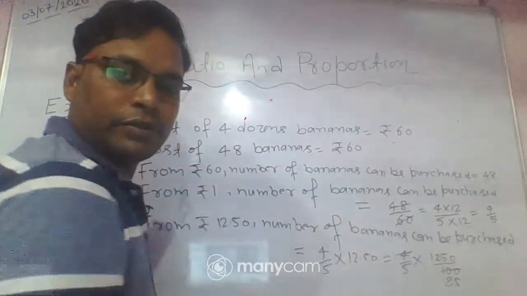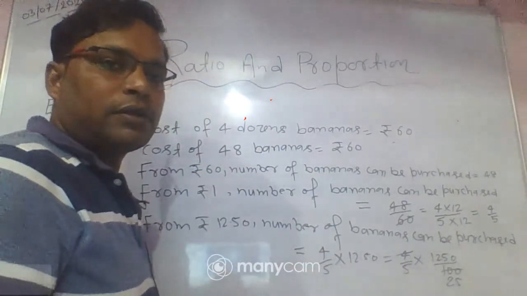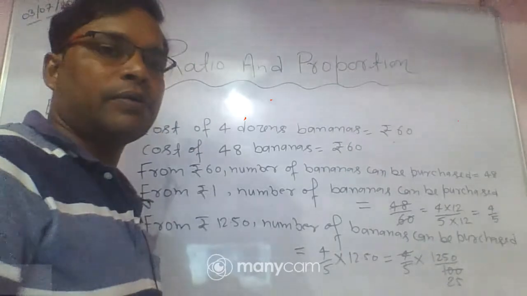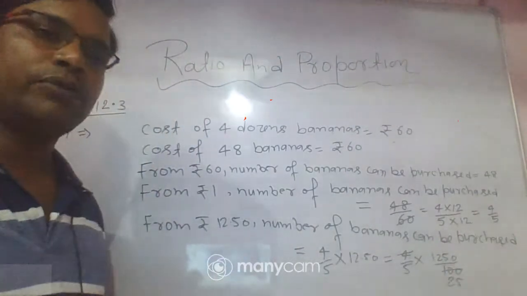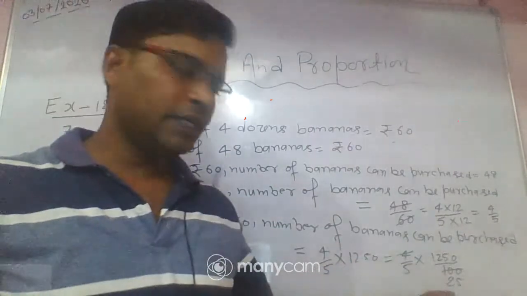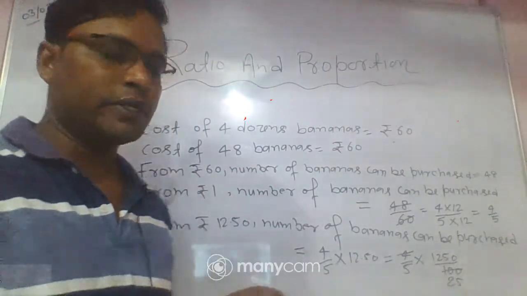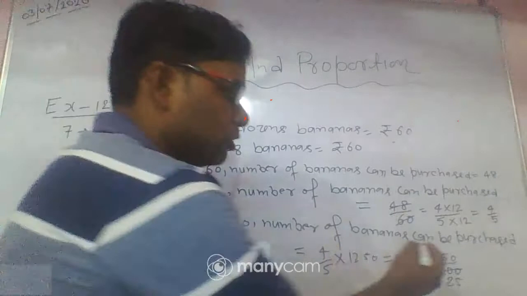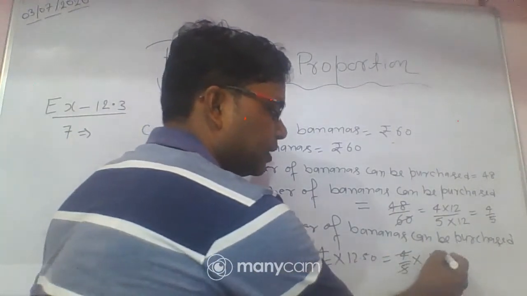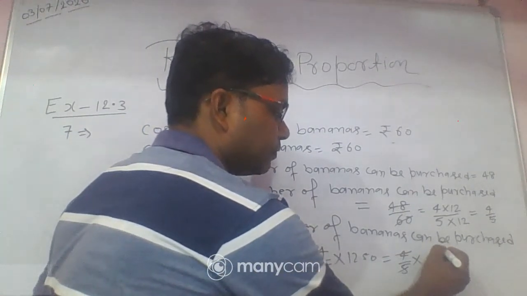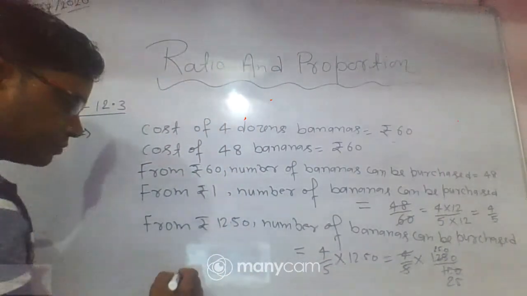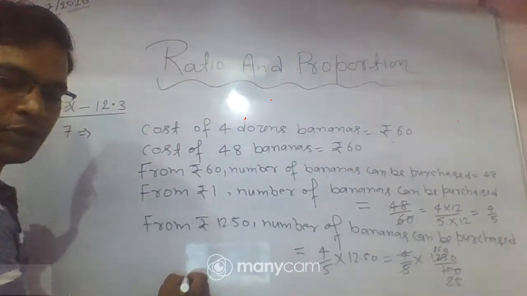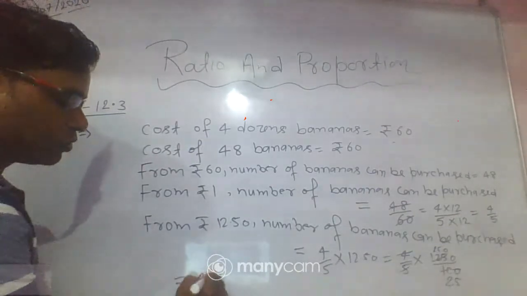Clear? So you can cancel it. 25. Okay, 4 ones are 4 and 4 twenty-fives are 100. You know 25 fours are 100. So we cancel here. We obtain 25. And here, if you divide this, 5 ones are 5, it becomes 25. Okay, clear?